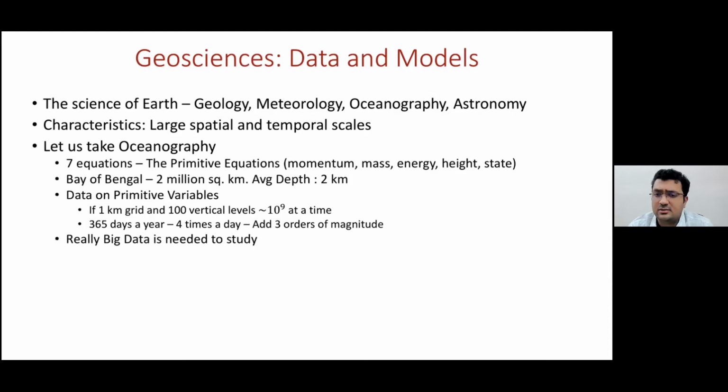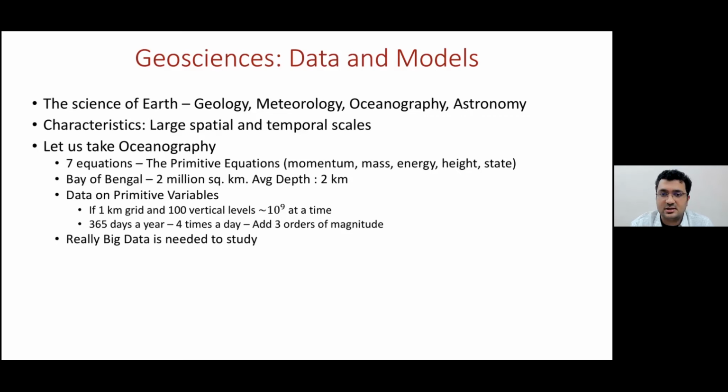But just take the Bay of Bengal as an example. Just 2 million square kilometer area, average depth of 2 kilometer. If I consider a grid of just 1 kilometer by 1 kilometer and just 100 vertical levels, then I'm looking at 10 to the 9 entries for one primitive variable.